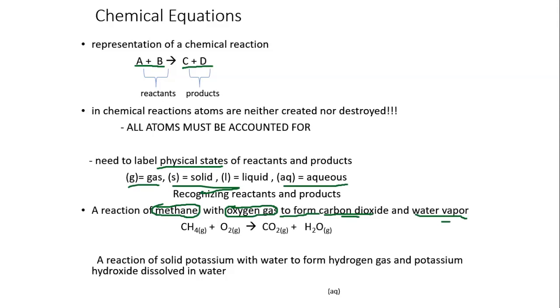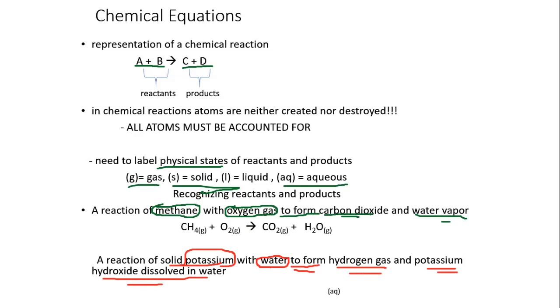Next we have a reaction involving solid potassium with water to form, again that word to form, hydrogen gas and potassium hydroxide dissolved in water. So to form indicates that water and potassium react to form our products, hydrogen gas and potassium hydroxide.